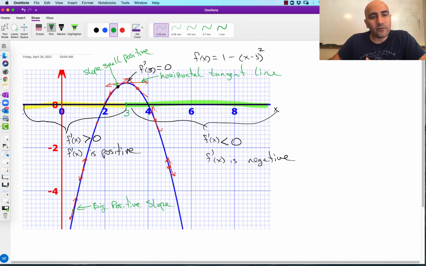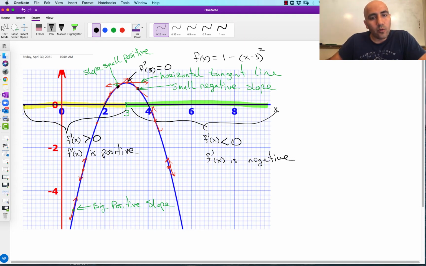And then right after it, we see that the tangent lines start to have a negative slope. So at this point right here, what we have is a small negative slope. Again, don't confuse the value of my function and separate that from the slope of the line tangent.